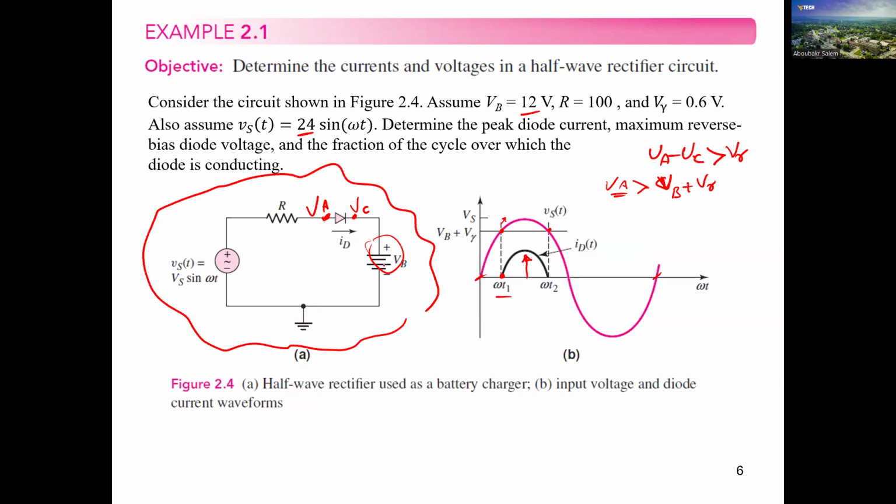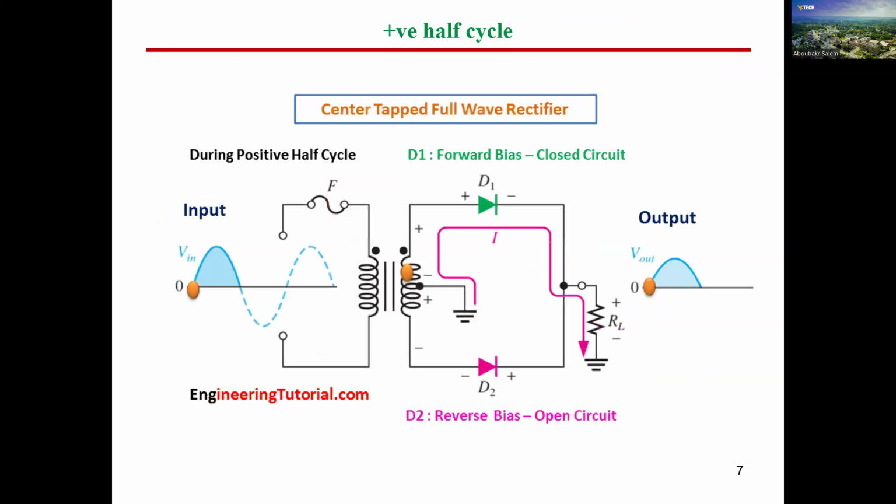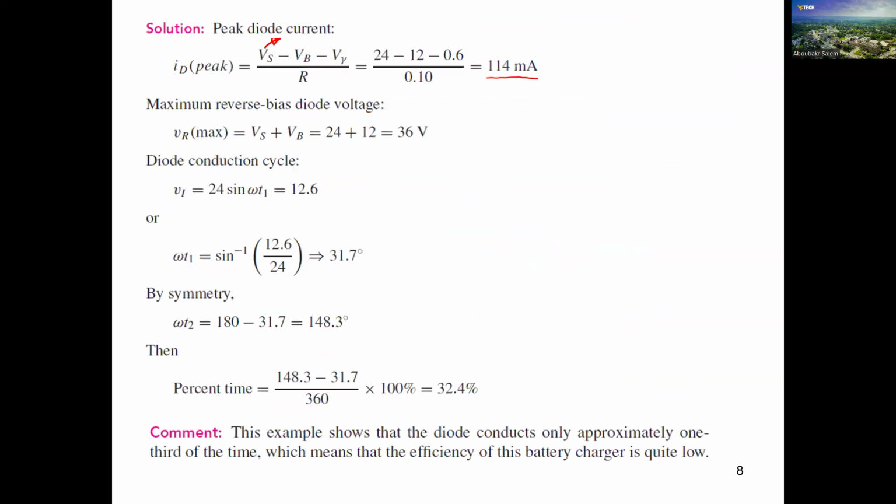So what we expect is the peak value of the supply minus the voltage at the cathode side. So in this case, it would be V maximum supply plus the 12 volts. The peak value is 24, so it's going to be 24 plus 12, which means it's going to be 36 volts here.